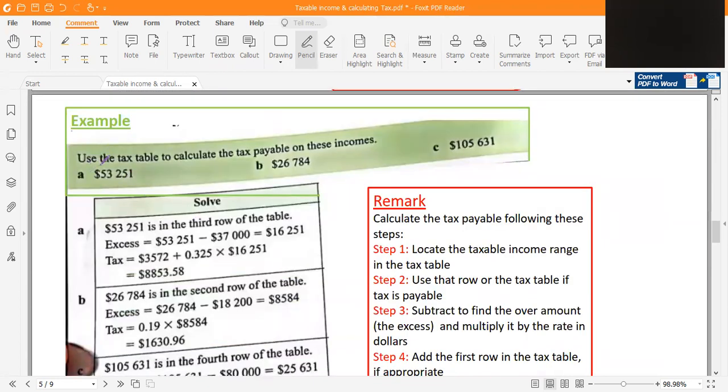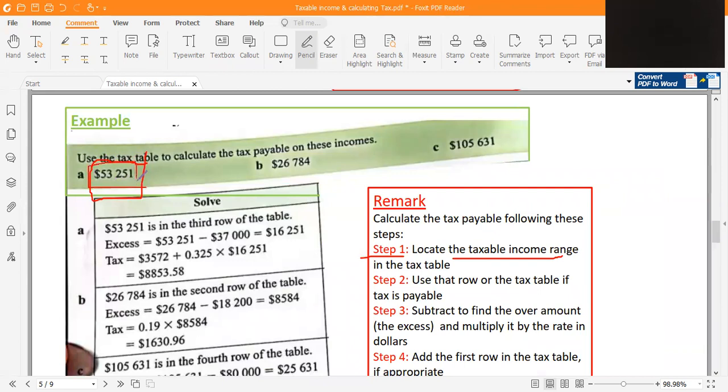Like in the next example, we use the tax table to calculate the tax payable on this income: $53,251. To calculate the tax payable, we follow these steps. Step 1, we locate the taxable income range in the tax table.